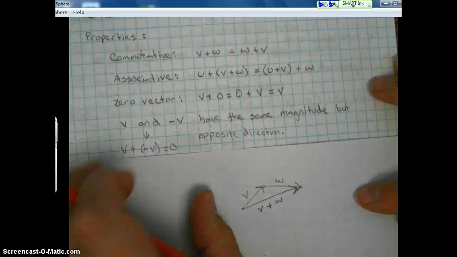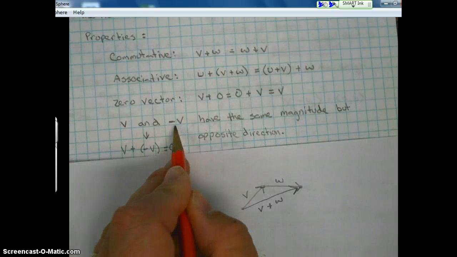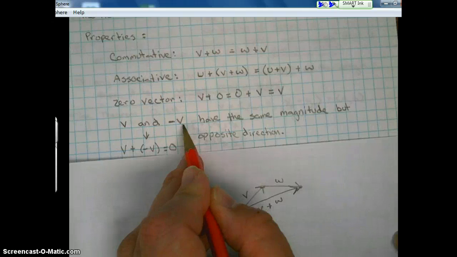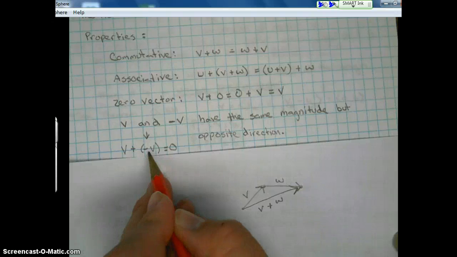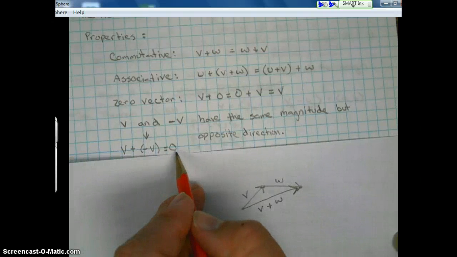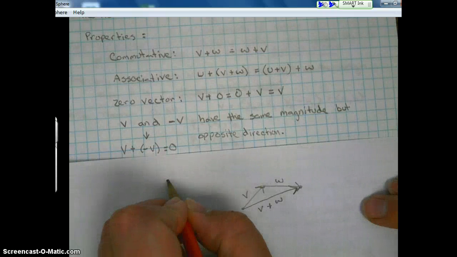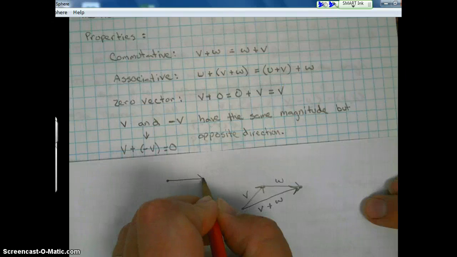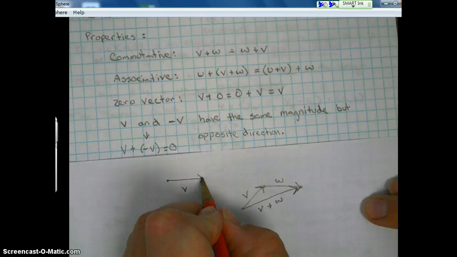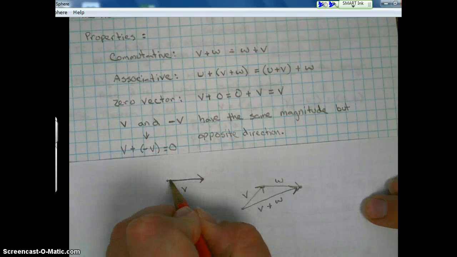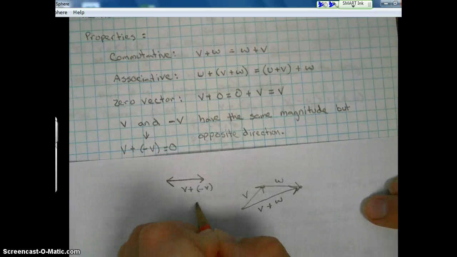Okay, this is an important concept here. Vector v and negative vector v have the same magnitude, but opposite direction. So v plus negative v would cancel each other out. What this looks like is, if you have vector v, and then you add negative vector v, which would go back the other direction, they would cancel each other out.